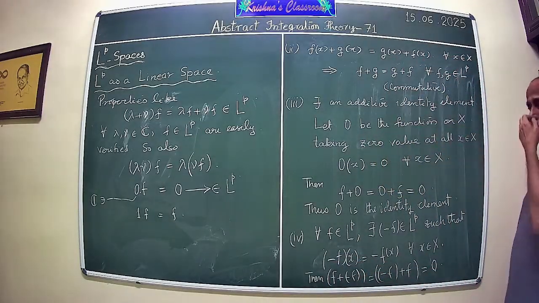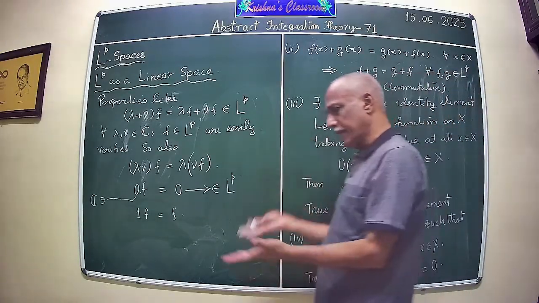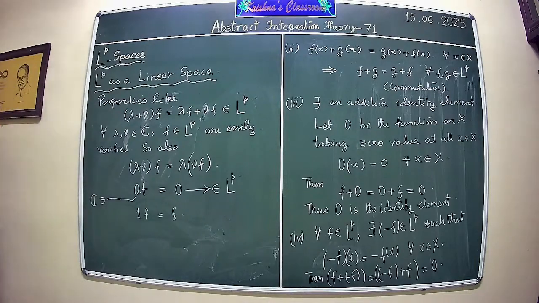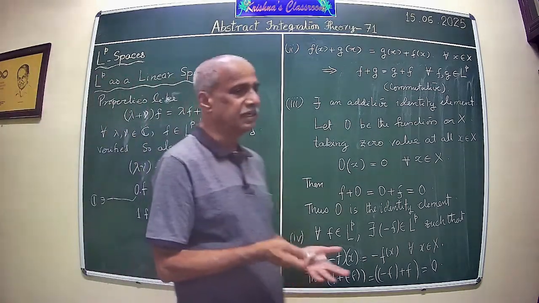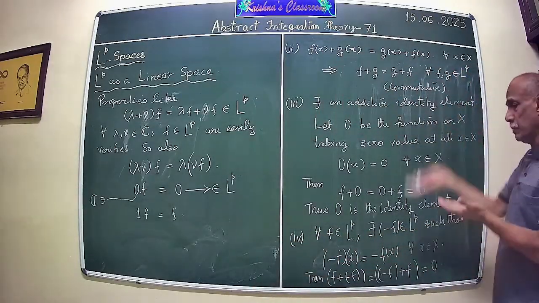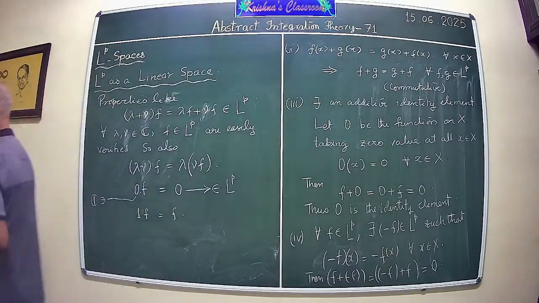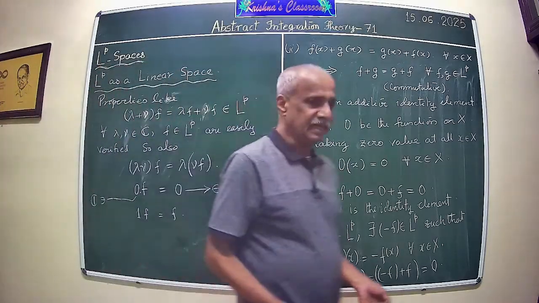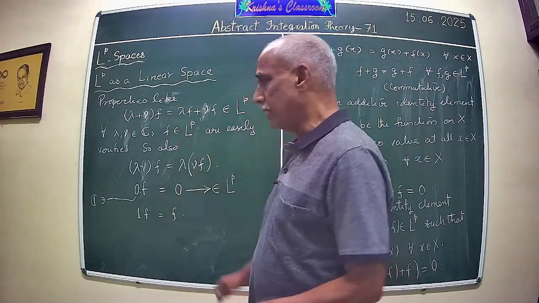Now, when you do that, we have to show that the properties of the field and the addition and scalar multiplication that we have defined on LP interact without any conflict, and that is what all these things are doing.